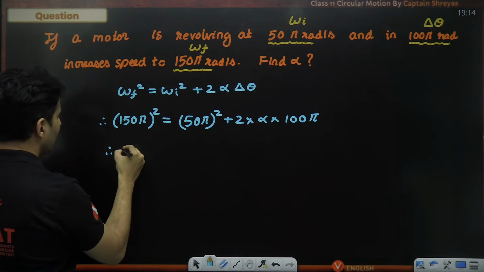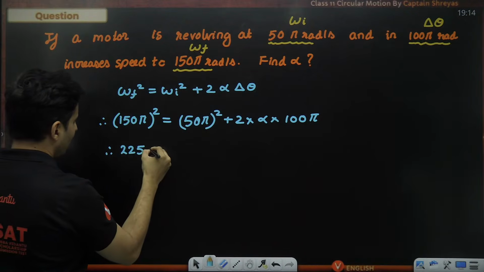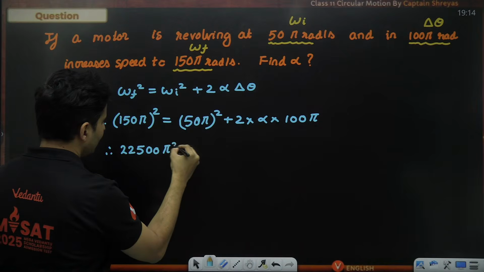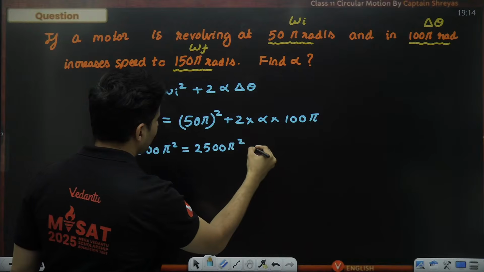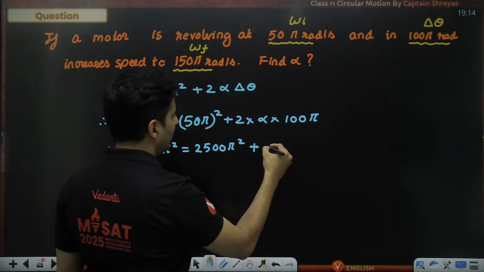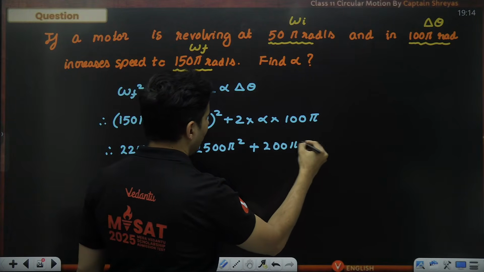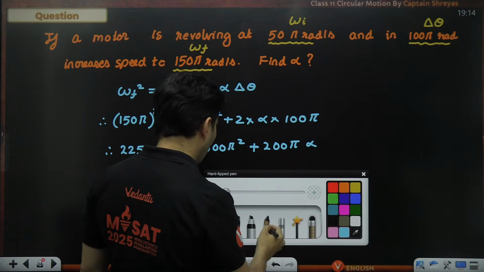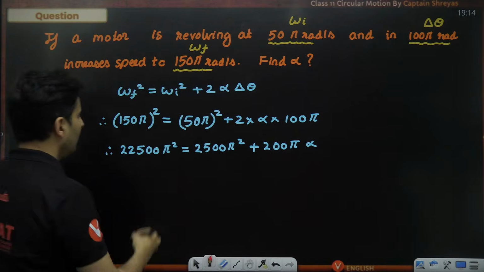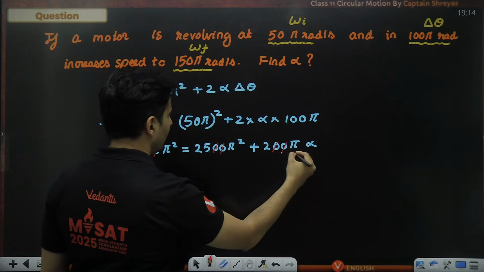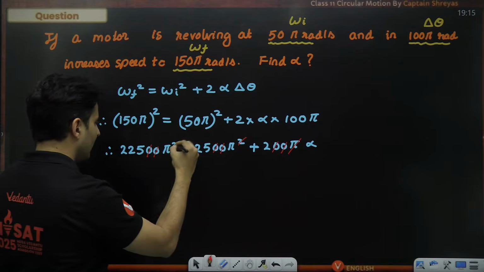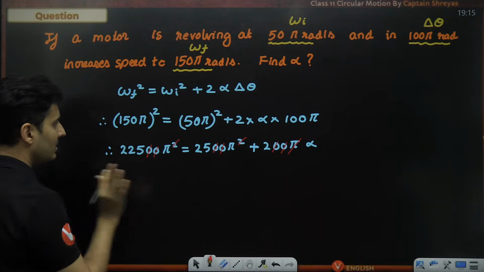Okay, so 15 square is 225, but two more zeros and this pi square. 5 square is 25 and two more zeros with that pi square, plus 100 into 2 is 200 pi alpha. A lot of things will get cancelled, like the zeros. This pi square and this pi square, single pi will still remain.